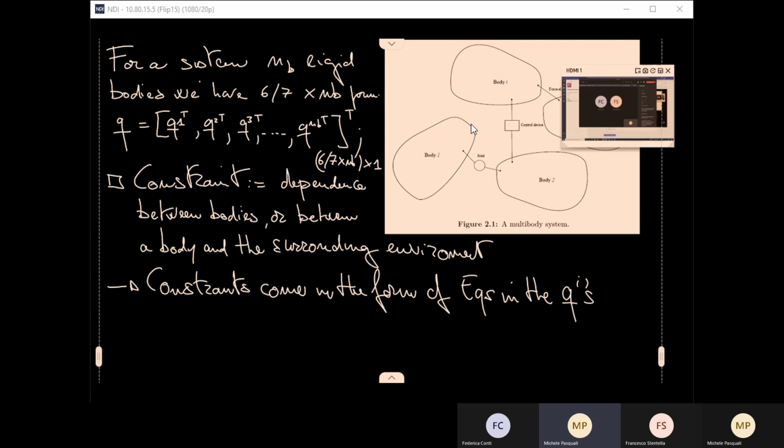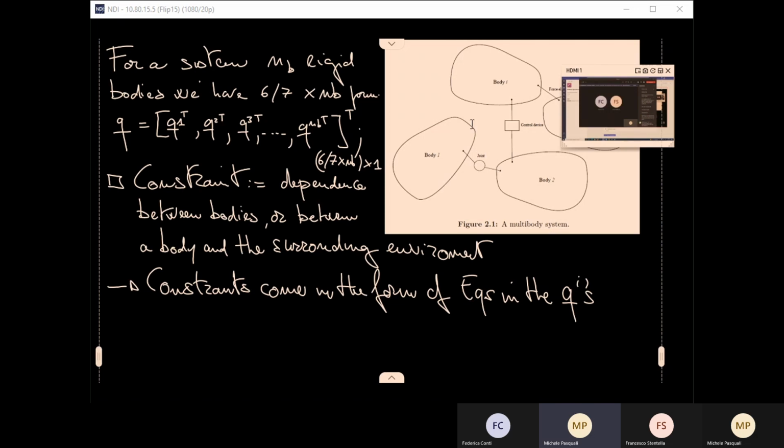This adds one aspect to the definition of coordinates, because if you can describe some of them in terms of others, you will eventually be able to discriminate between dependent and independent generalized coordinates.